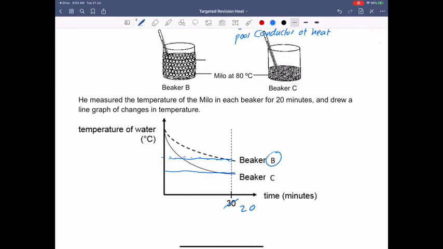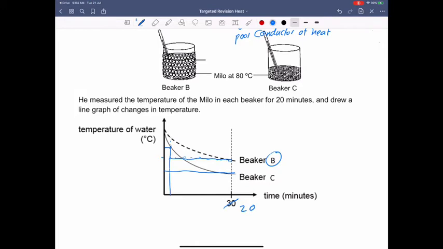at a slower rate than C. Because if you take a look at it, at every single time unit, C is always lower.